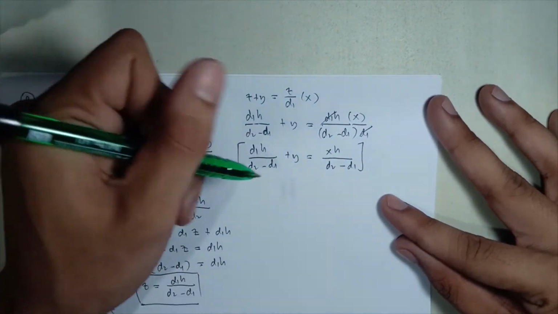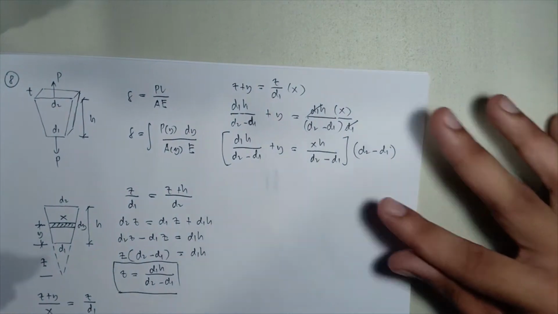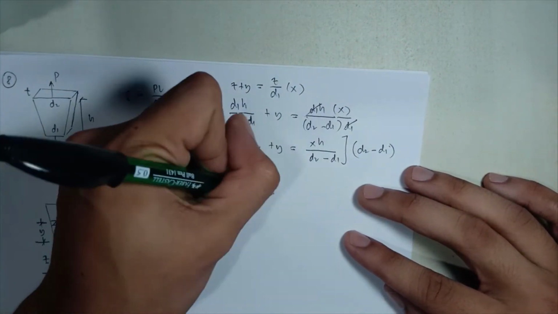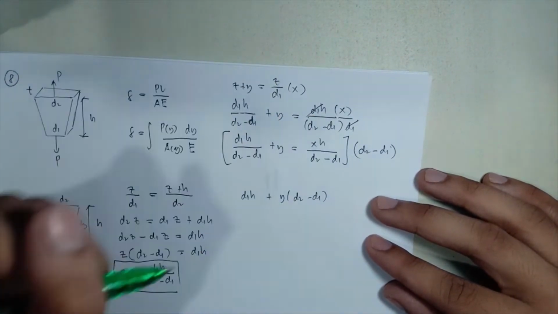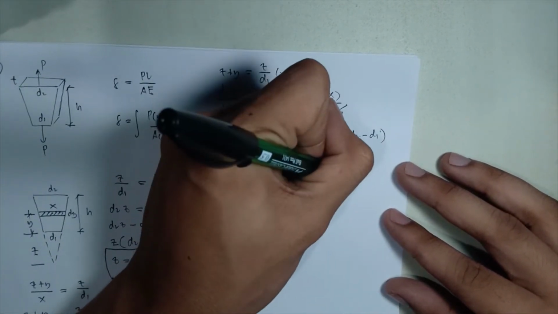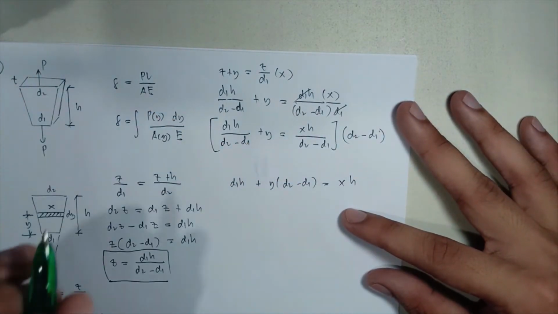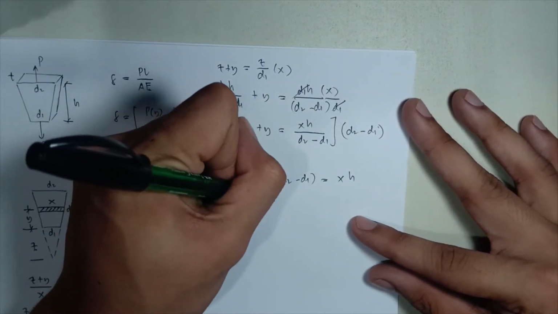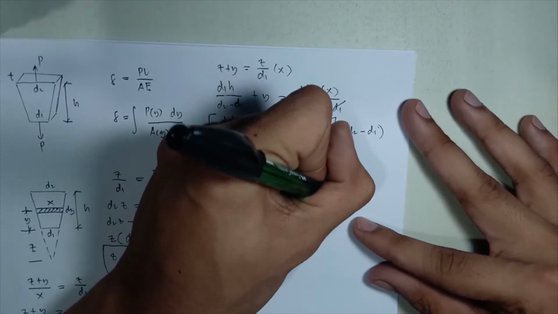Multiply both sides by d2 minus d1. d1h plus y times (d2 minus d1) equals x h. Divide both sides by h. So x equals d1 plus y over h times (d2 minus d1).